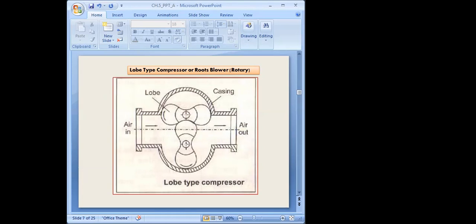The lobe forces the air through the discharge opening. You can see there.